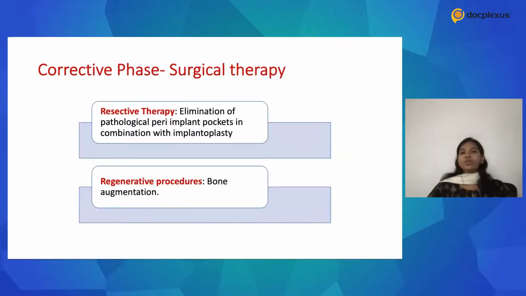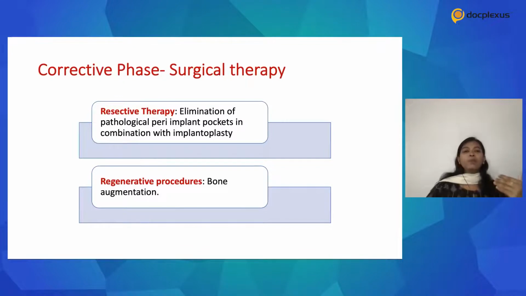Next is your surgical therapy. When your implant defects have been identified, as I told you, there's class 1 and class 2. Class 2 is your supraalveolar, class 1 is your infraalveolar, which can be divided into 5 classes. They might involve resective therapy or a regenerative therapy. So when will you do a resective therapy and when will you do a regenerative therapy?